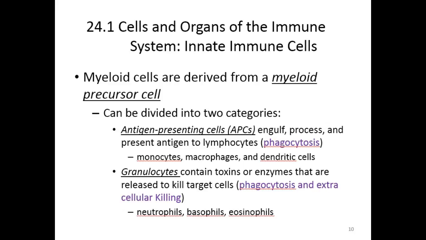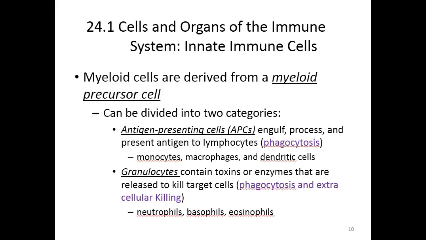These cells are monocytes, macrophages, and dendritic cells. The other innate white blood cells are called granulocytes. These contain toxins or enzymes that are released to kill target cells in extracellular killing, but also do phagocytosis. These include neutrophils, basophils, and eosinophils. These cells cannot present antigen to the adaptive immune cells.